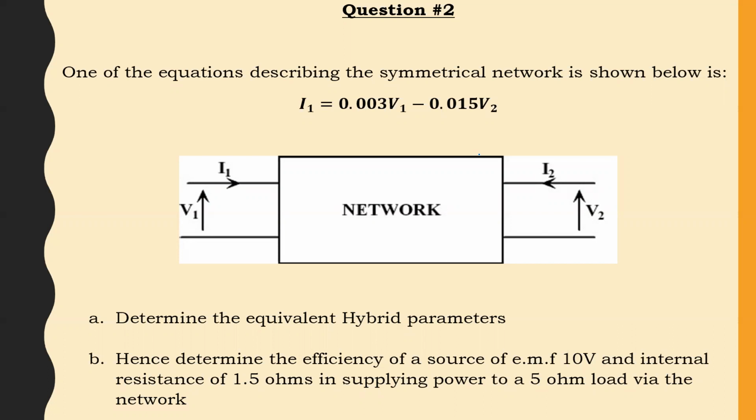When we make port 2 zero by short circuiting port 2, we have Y11 as 0.003. And if you make port 1 zero, we would have Y12 as negative 0.015. Beautiful. So where do we go from there? I'm thinking.